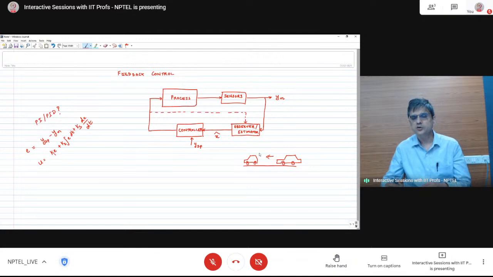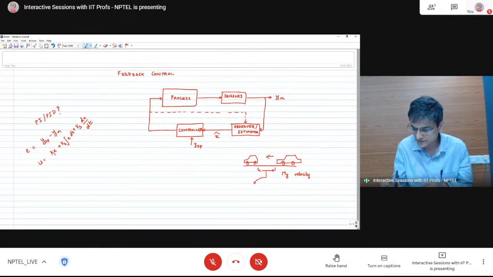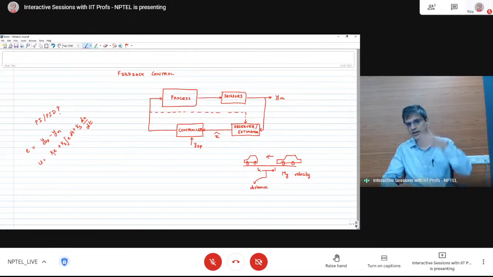What are you actually measuring? The measurement is your own velocity or speed, and a qualitative idea of the distance between the person in front of me and myself. Based on my knowledge of the velocity and how that distance is changing, I would get an estimate of the velocity of the other person.